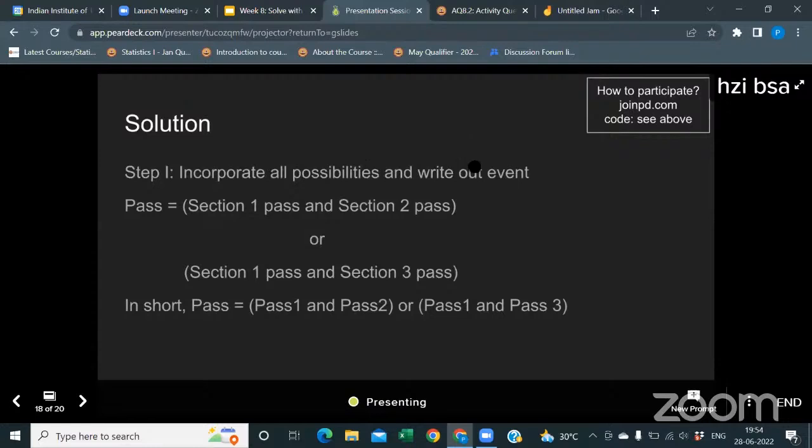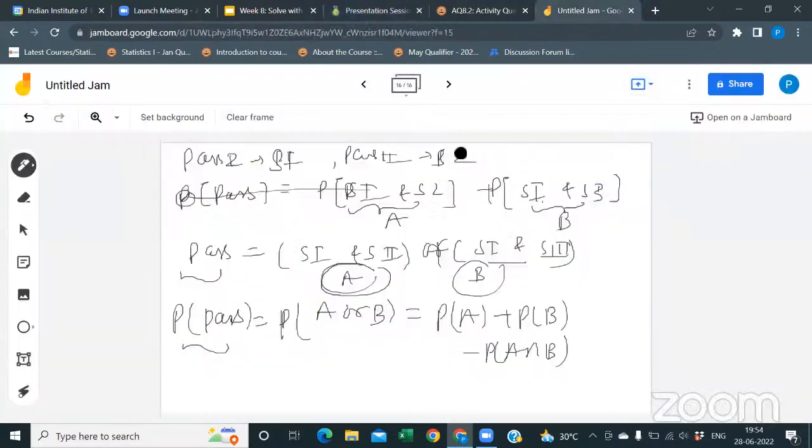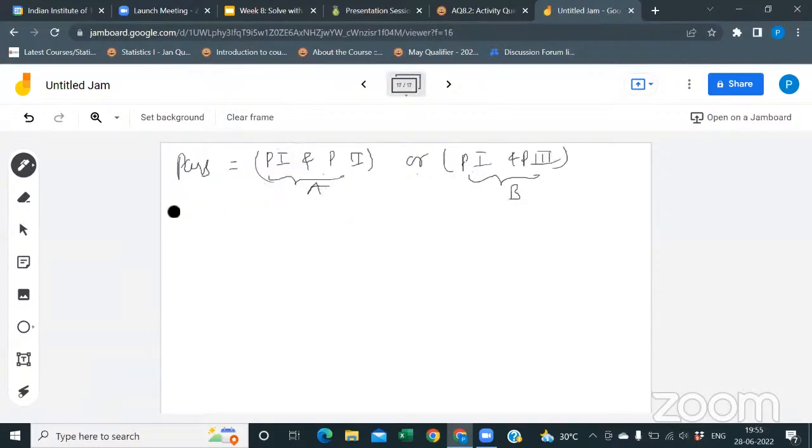Now, see, pass is what? Pass 1 and pass 2, or pass 1 and pass 3, right? This is the A, this is the B. Now, probability of pass, can I write probability of A union B?